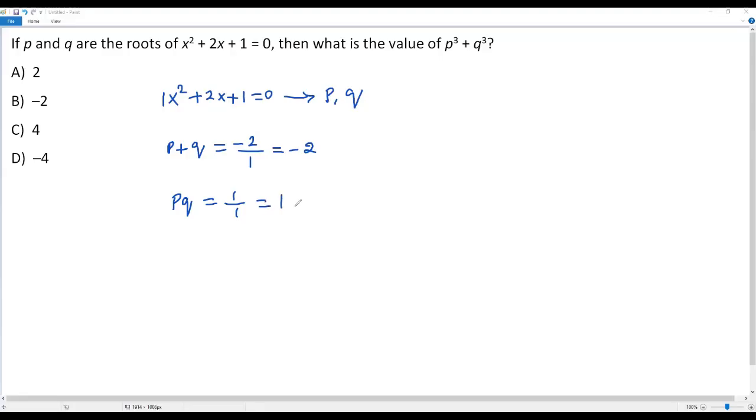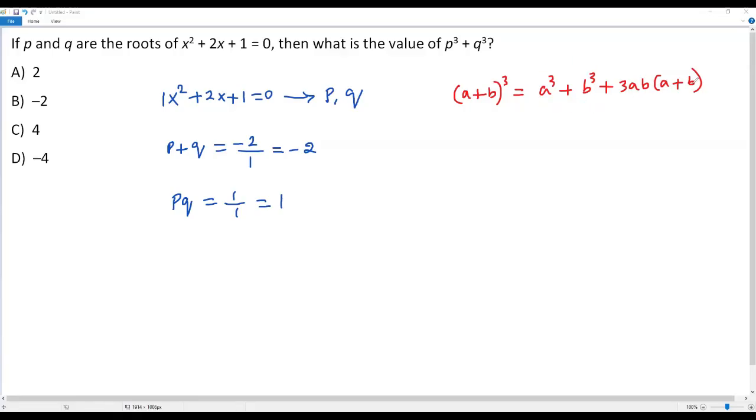Okay, now I have the values for P + Q and PQ: negative 2 and 1. Now let me consider the algebraic identity (a + b) whole cubed. That is a cube of a binomial. Its expansion is a cubed + b cubed + 3ab times (a + b). Now I'm going to solve for a cubed + b cubed in this identity.